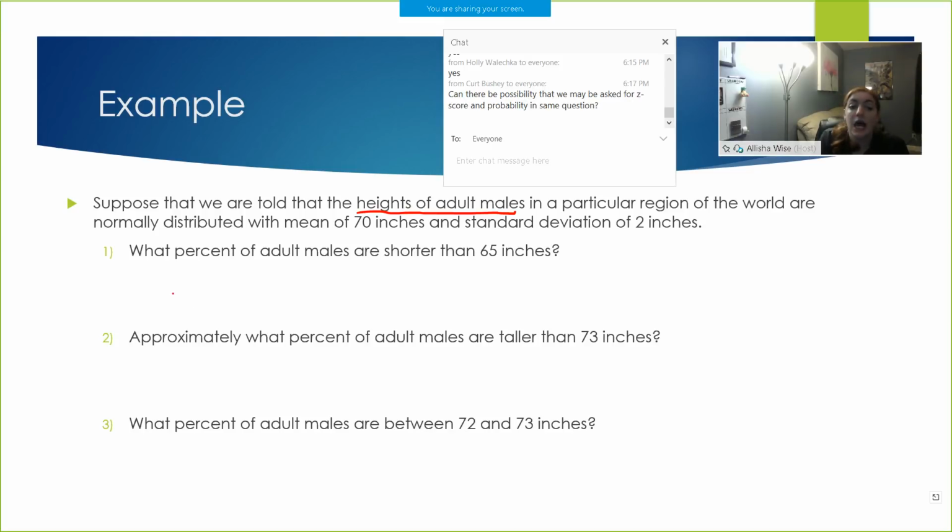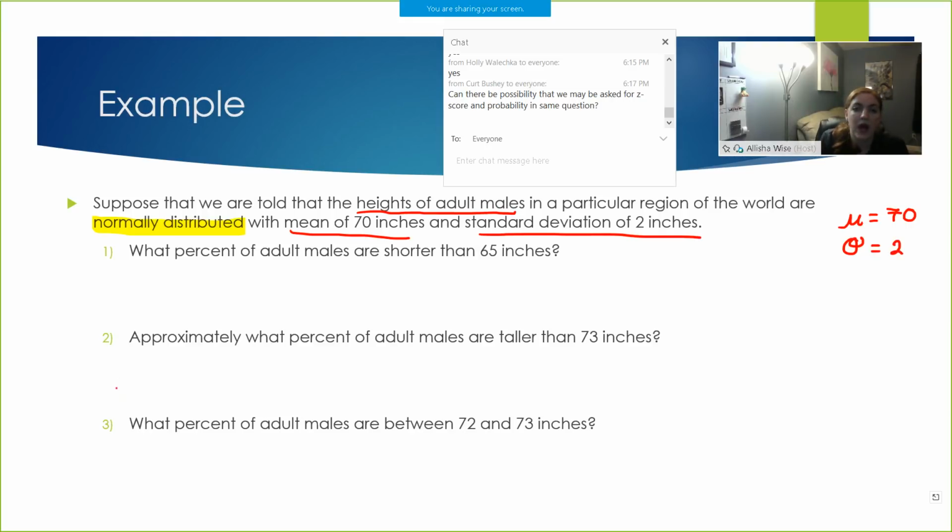I'll get back to that, Kurt. And we know that they are normally distributed, with a mean of 70 inches and a standard deviation of 2. So we know right away that our mean is 70 and our standard deviation is 2.